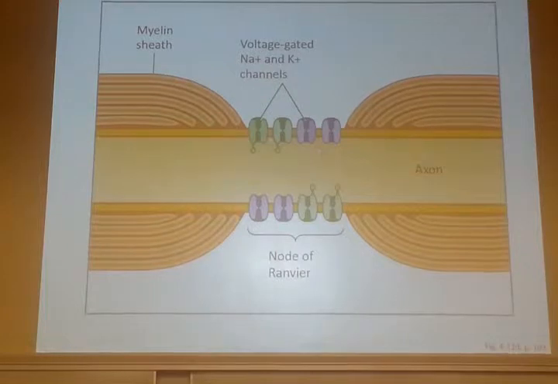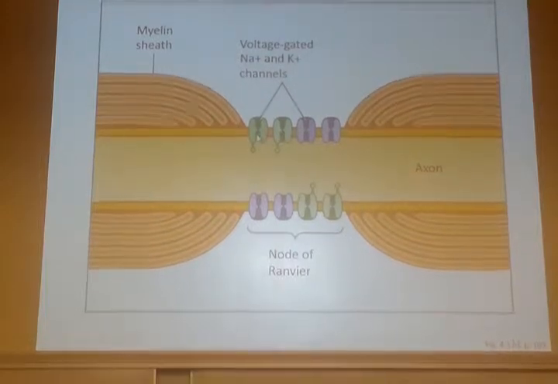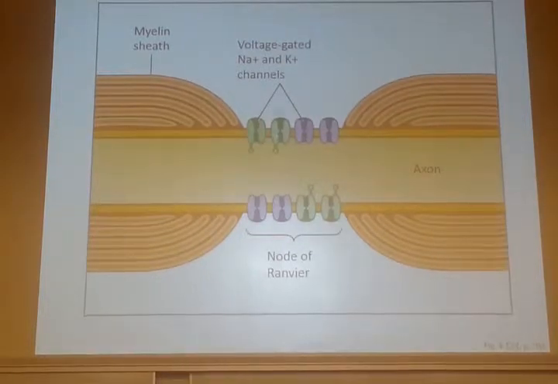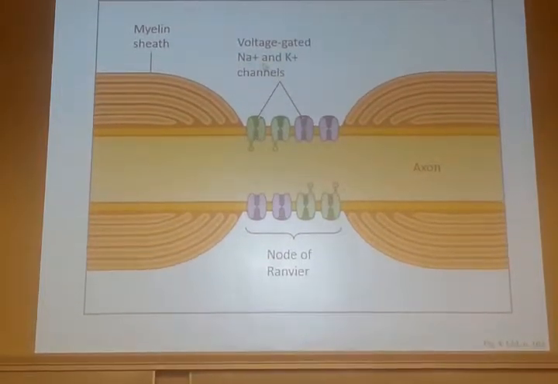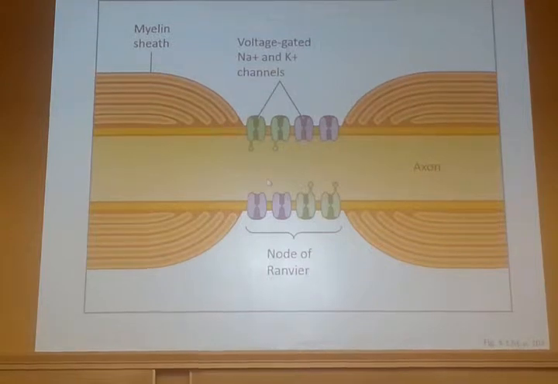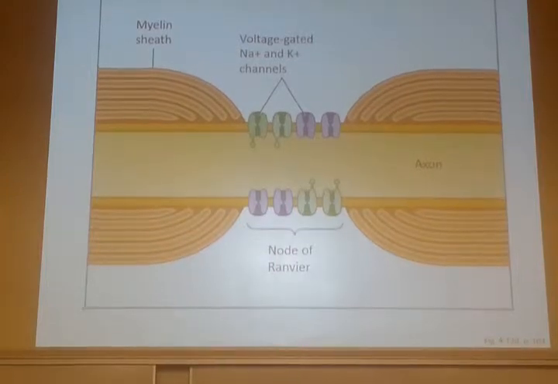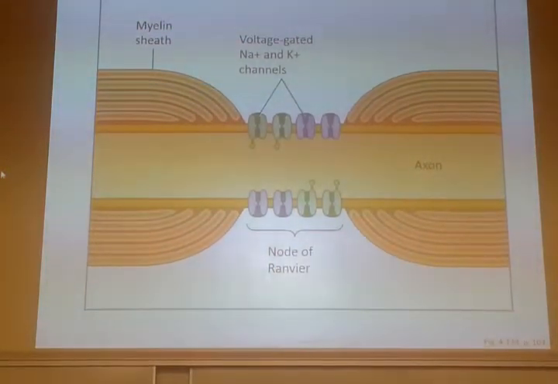So here we've got a node of Ranvier. It's got voltage-gated sodium channels, voltage-gated potassium channels. The sodium channels open and let positive charge in and leave net negative charge behind. The sodium then diffuses both directions, upstream and down.